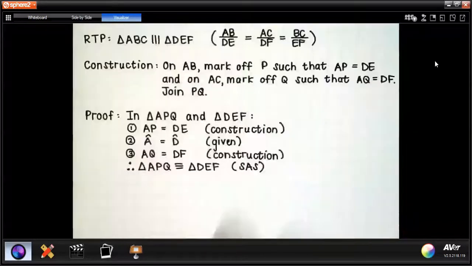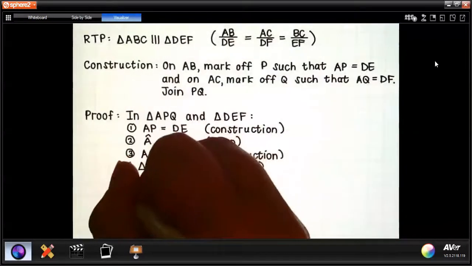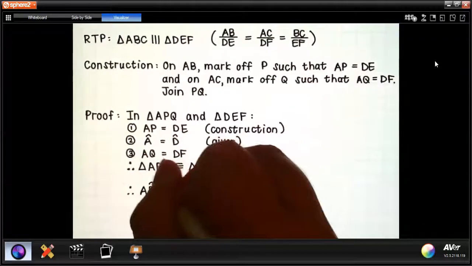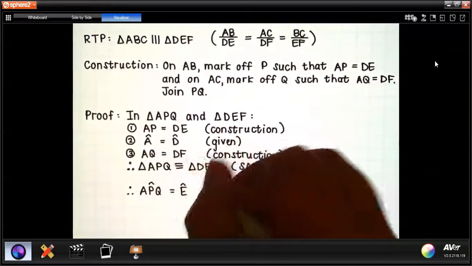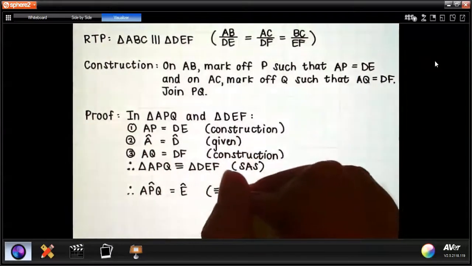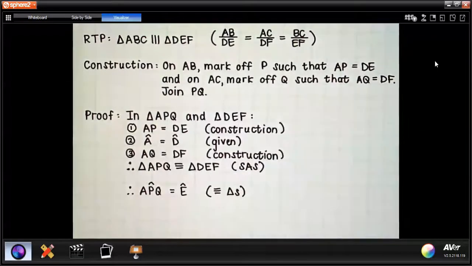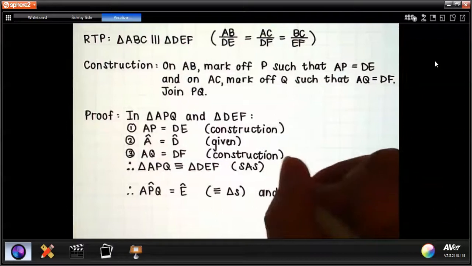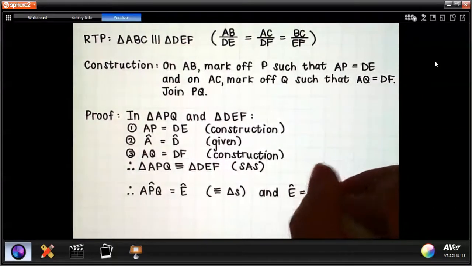All right, so now we're going to say, therefore, angle APQ is equal to angle E, and our reason is congruent triangles, and angle E is equal to angle B, that was given.